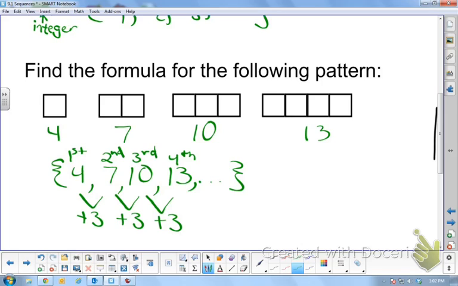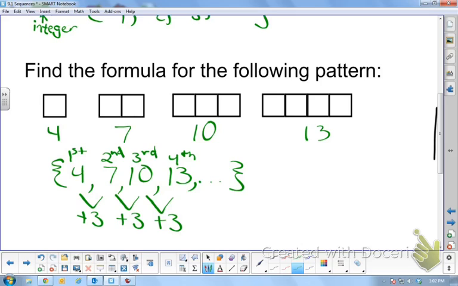What would my 7th term be? 22. The 5th term would be 16, the 6th term would be 19, and the 7th term would be 22.